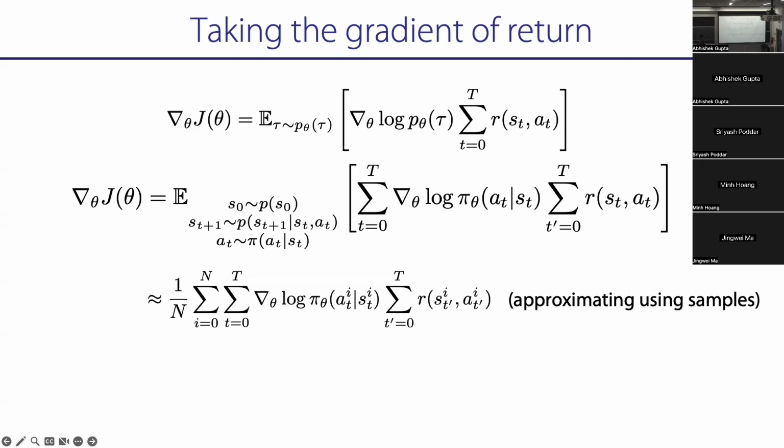You just average this over samples, and that lets you implement it in code, right? I'll refer you to the last lecture for the code. It's basically supervised learning, but you multiply by the sum of rewards. But that's a recap of policy gradient.